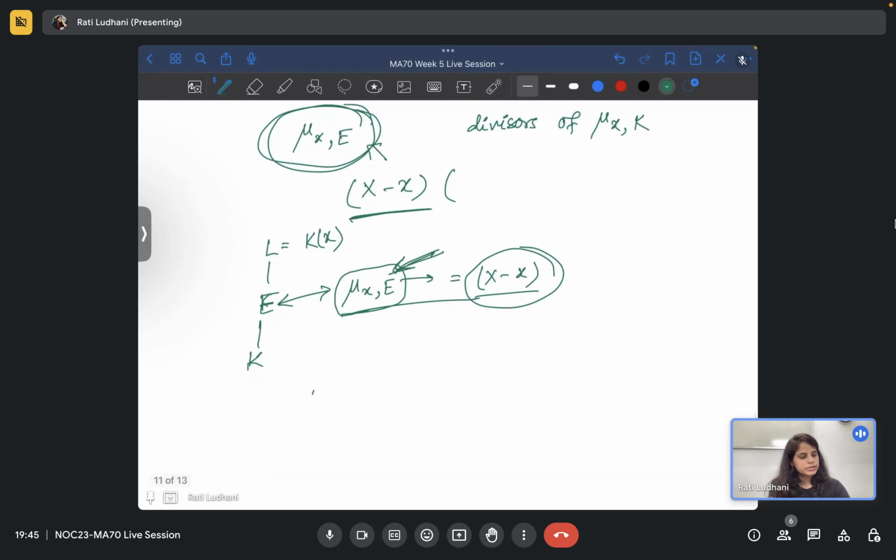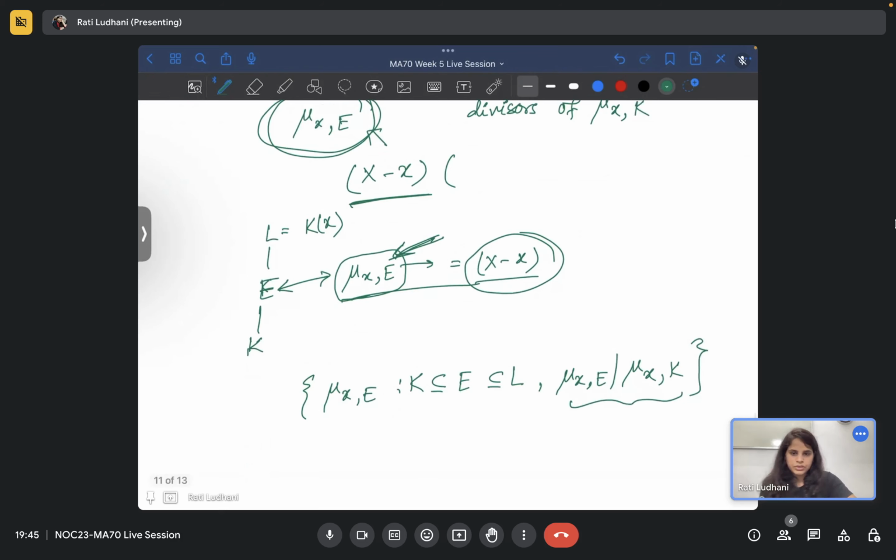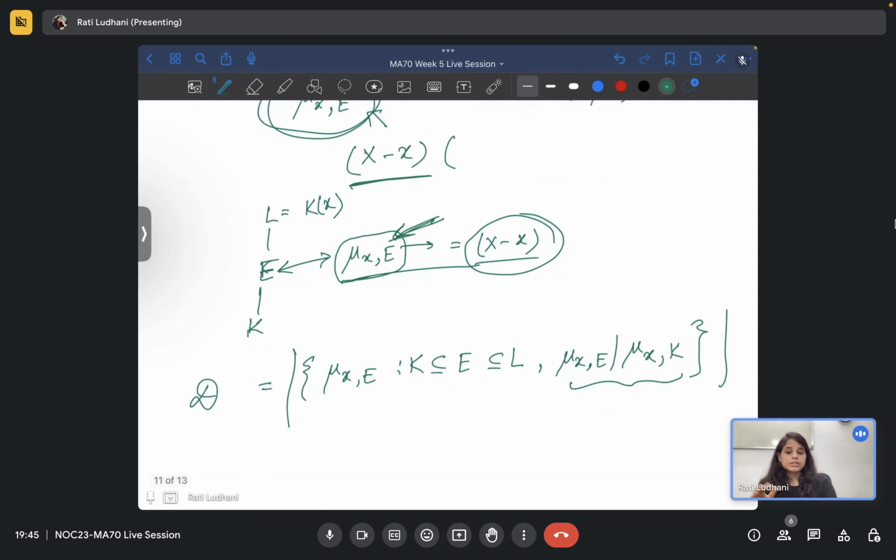So we are interested in all mu x comma e, where e is in between k and L, and mu x. So you know that already, we don't need to write this as a condition, but this is always true. So we are interested in the cardinality of this set. This cardinality is not the same as D, first thing I should say, because D need not have x minus alpha as a factor.